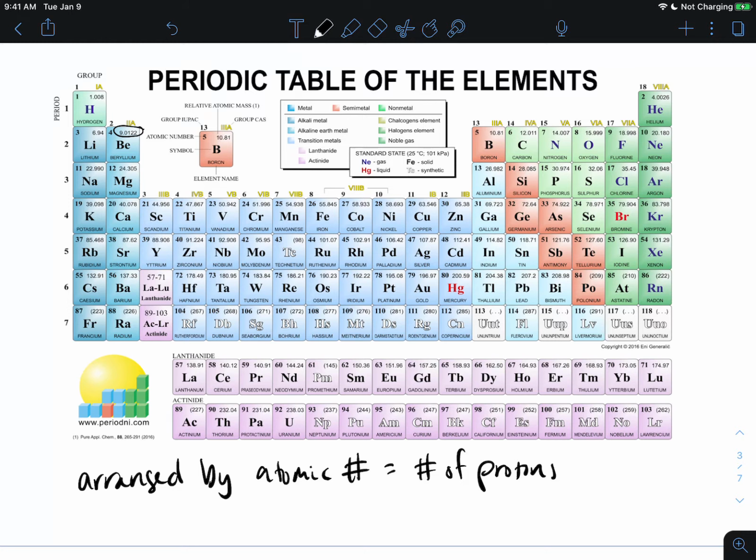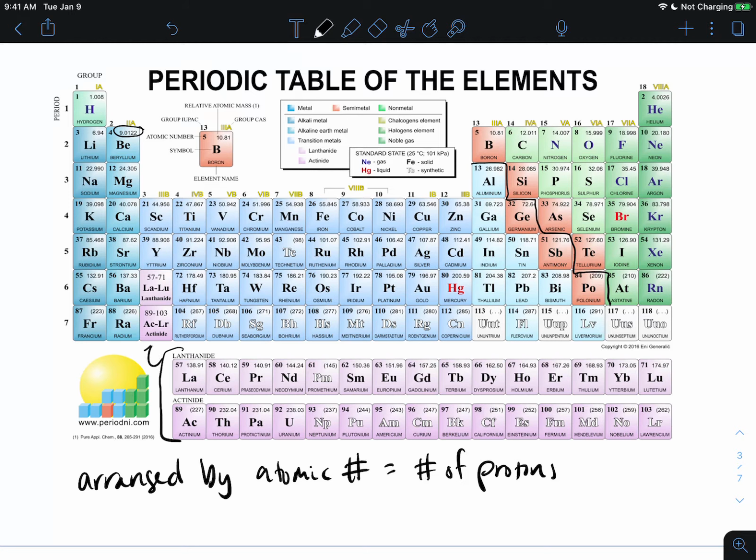Our periodic table itself is divided by metal, semi-metal, and non-metal, or metal, metalloid, and non-metal, where our metals are on the left side of the periodic table. Our semi-metals are on this stair step right here, and then our non-metals are on the right side of the periodic table. Below the periodic table, you see these two rows right here.